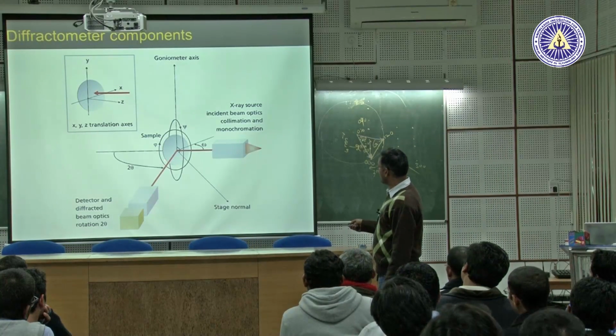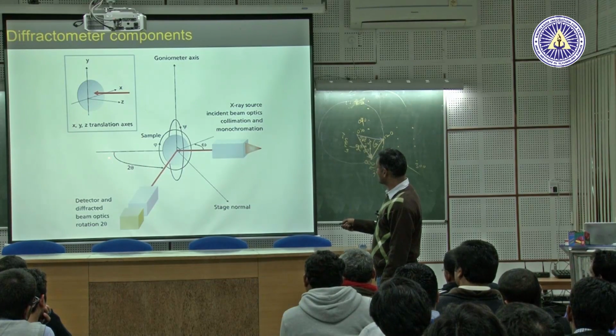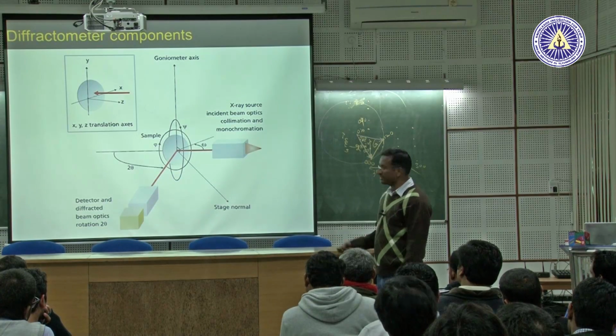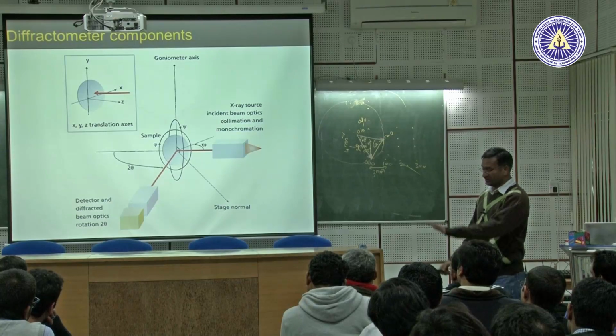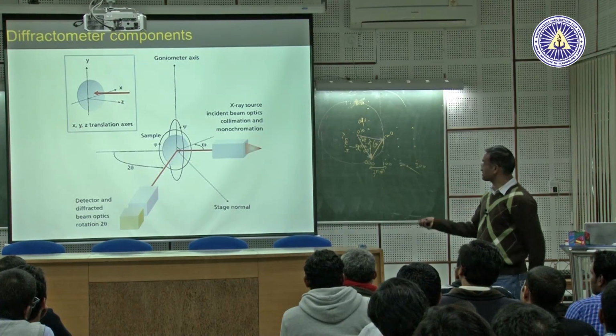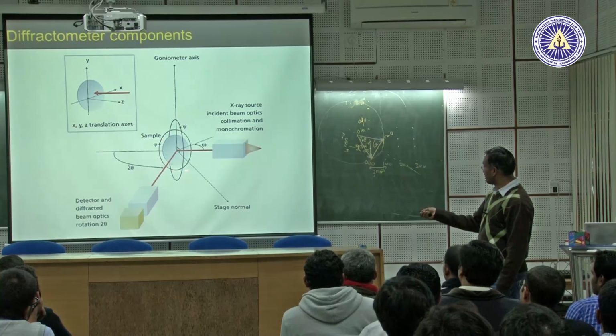The angle made between the transmitted beam and the diffracted beam is 2 theta. Sample rotation within its own plane is characterized by angle phi, and if you rotate it in this fashion, this is angle psi. So this is psi rotation, this is phi rotation.